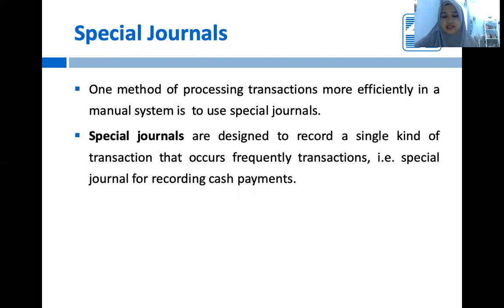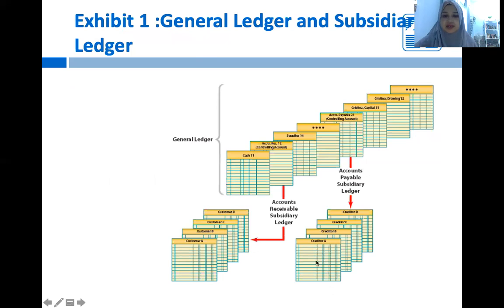Let's say just now the subsidiary ledger, for accounts receivable, it would provide us the detail of how much customer A still owes us, how much customer B still owes us. So by knowing the balance for each customer, it will be easy for us to monitor and evaluate the ability of the customers to make the payment.